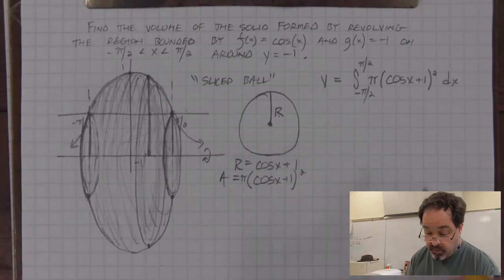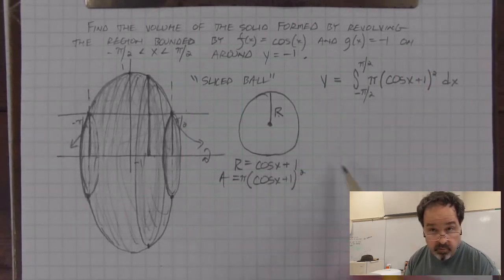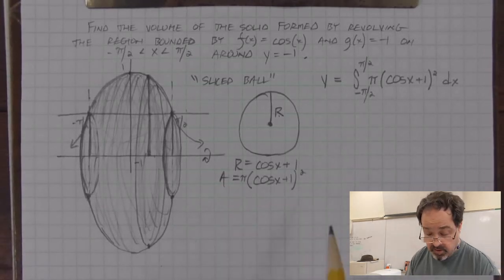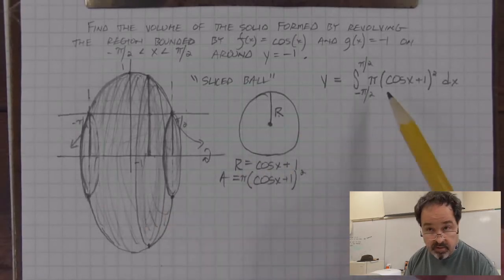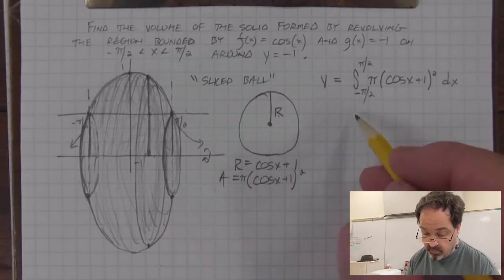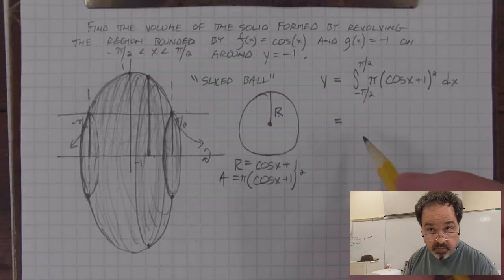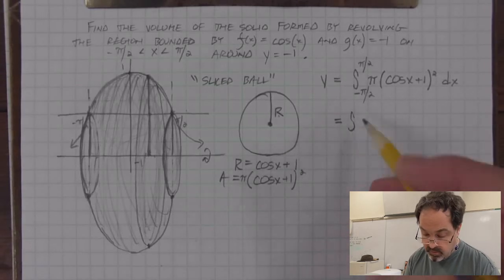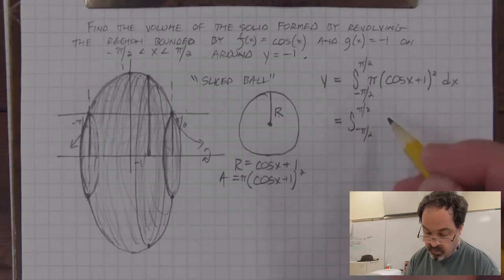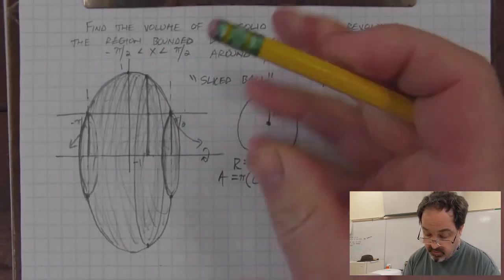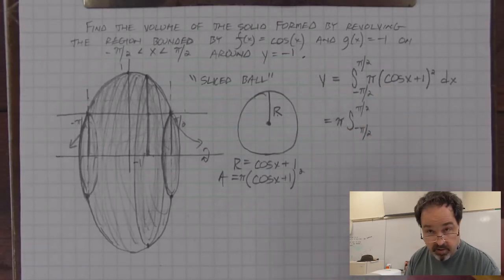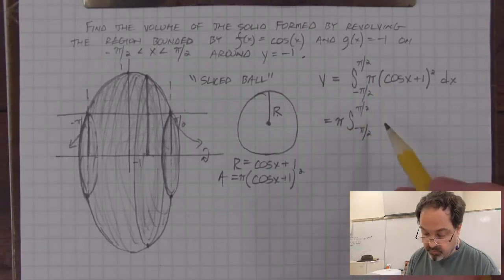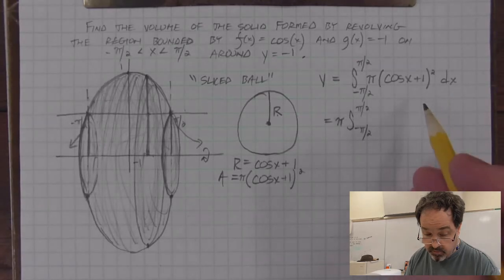And I'm going to speed up the process of now evaluating this integral, because the intention of this lesson was to think and visualize and set up the correct integral. But now that we have the integral, it's just a matter of using the fundamental theorem of calculus. A couple of steps I'll remind us of are making this a little simpler to integrate by bringing out any constants. In this case, pi can be brought out. It might be helpful to distribute the cosine x plus 1.